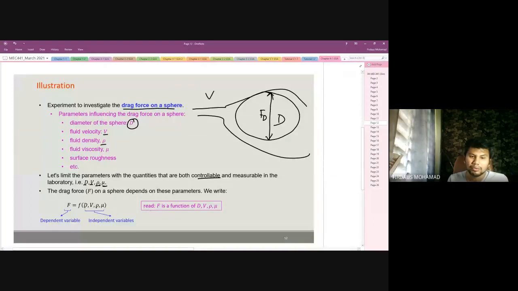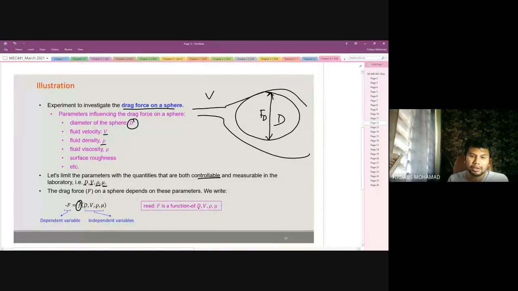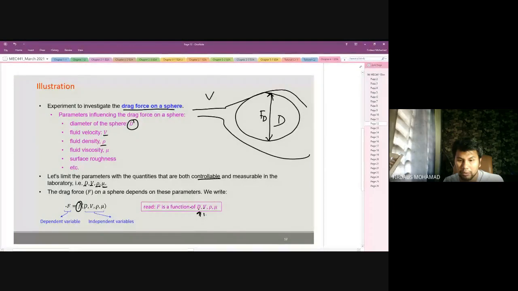Okay, so we can read F is a function of D, diameter, velocity, rho dengan mu. Okay, so kalau kita nak plot ataupun kita nak buat eksperimen based on diameter lain, velocity lain, rho lain, mu lain, macam mana kita punya masa ataupun graph yang kita kena plot kalau kita nak depending on all these variable.